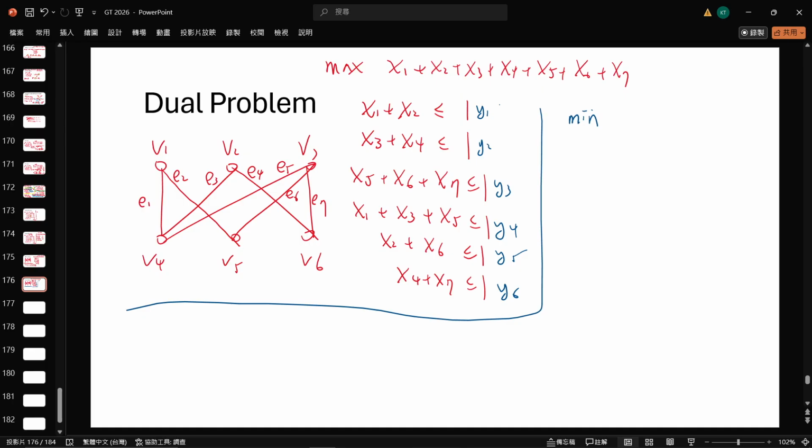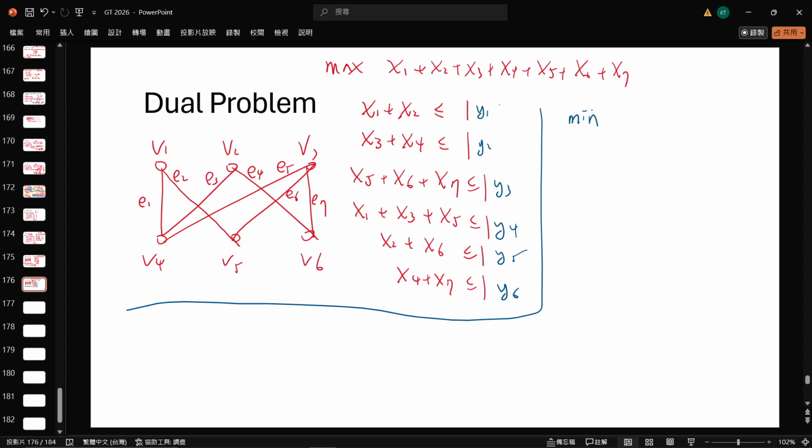Okay, so the dual problem is always a minimization problem because we want to find the smallest upper bound. So it's min. And then we have to figure out the objective function, which is just the product of the right-hand side of the constraints and the dual variables.